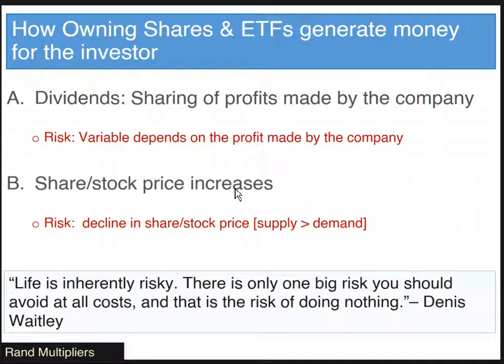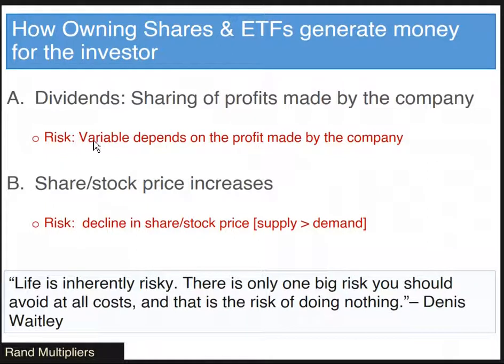So now, how does owning shares and ETFs generate money for the investor? Firstly, we'll look at dividends. When a company is operating, it will make profits and those profits are distributed among the shareholders. If you own a share, that means you are a shareholder, so they will be distributed to the shareholders.